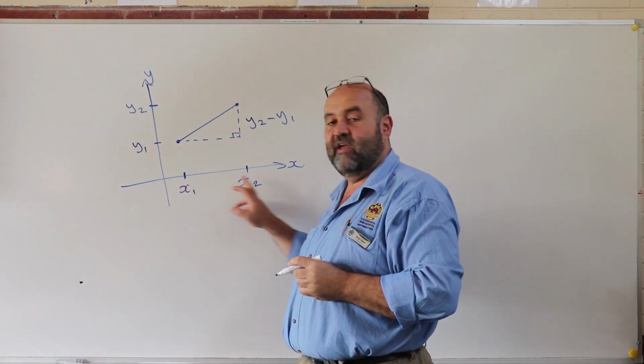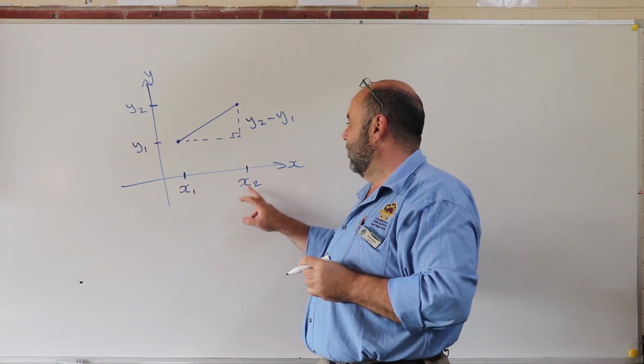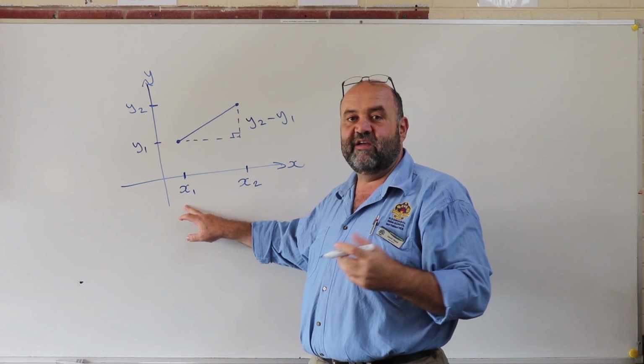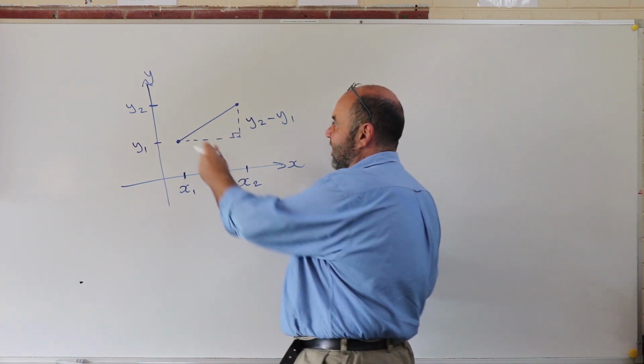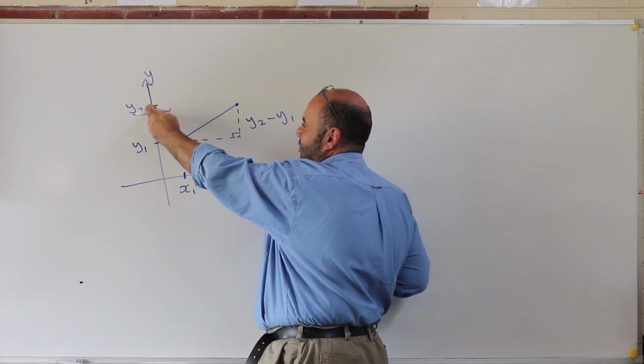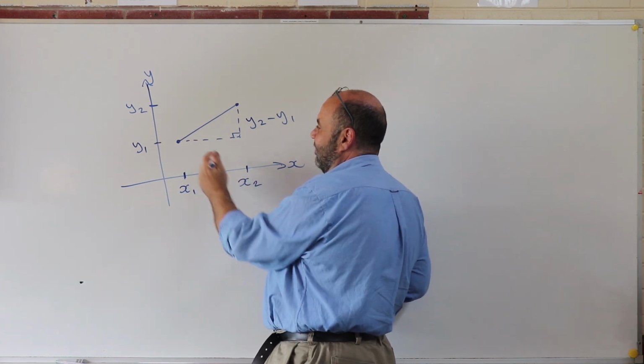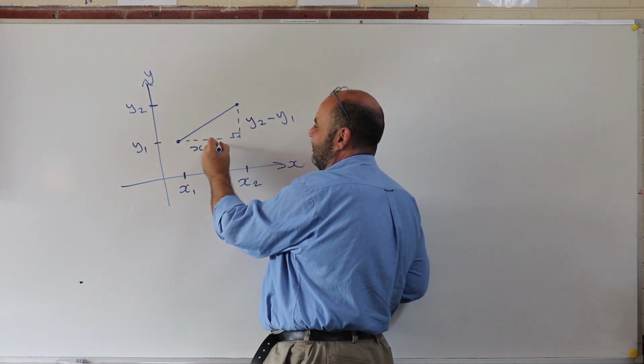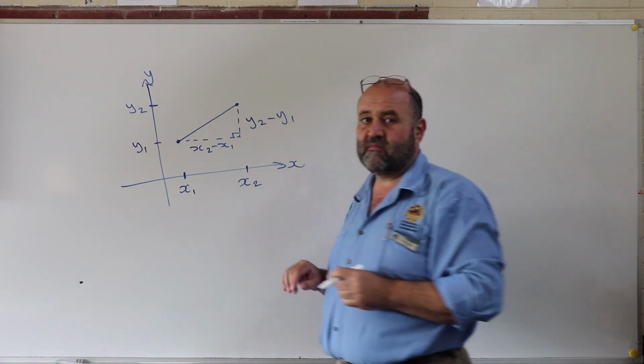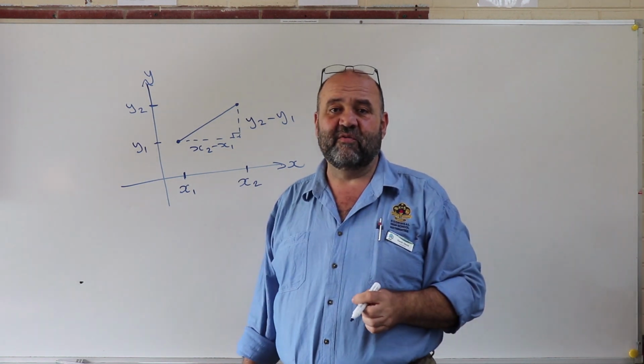Same deal across here. The difference between x2 and x1 is x2 minus x1, exactly in the same way as the gap in here was y2 minus y1. The gap here is x2 minus x1. Well, let's apply Pythagoras' theorem to this.